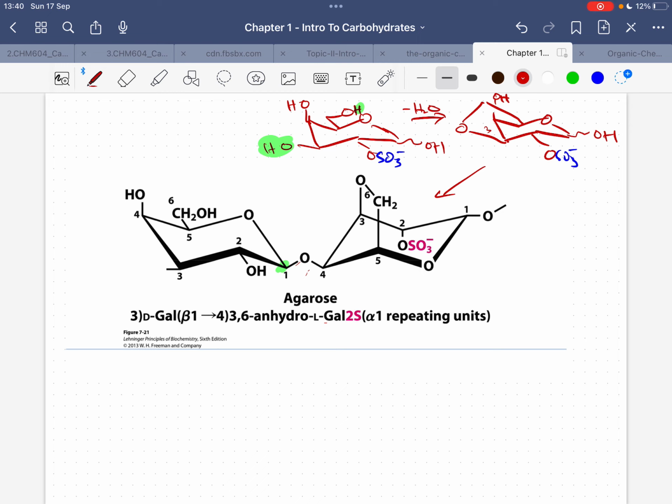Okay, this is the anhydro carbon. This is carbon 6, 5, 4. This is 3, 2, 1. Okay. So this is 3,6-anhydro-L-galactose 2S because the sulfite group is at carbon 2 and alpha 1 representing this. This should be alpha. Okay.